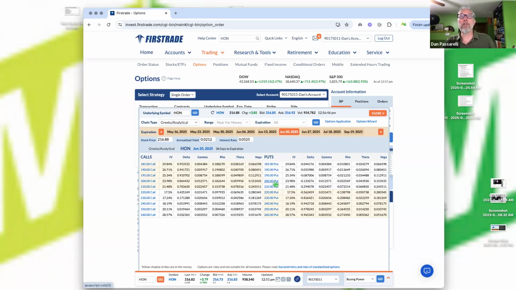If I'm talking about selling the 200 puts, well, that's a 24 volatility. Then I see what the IV rank or percentile is.